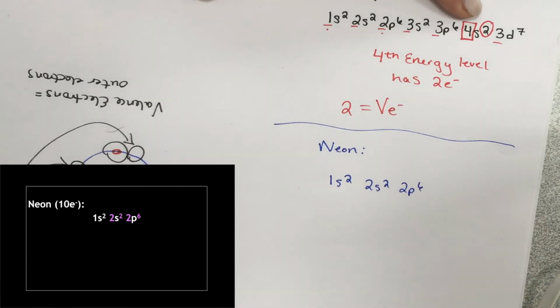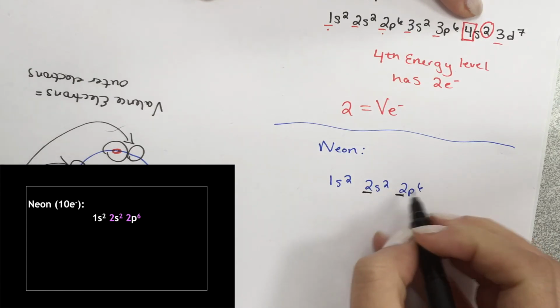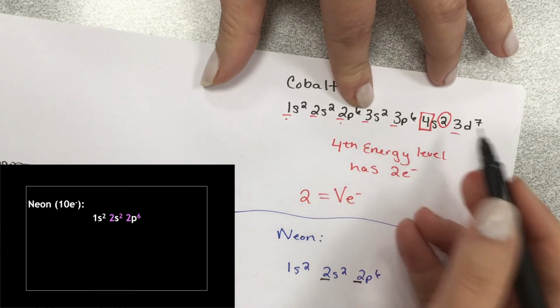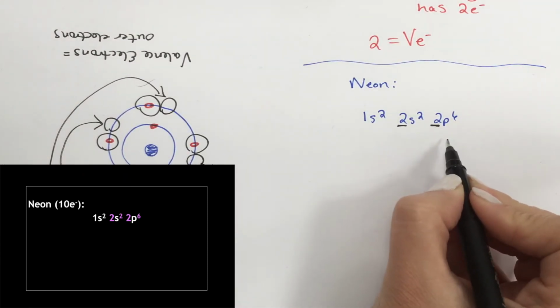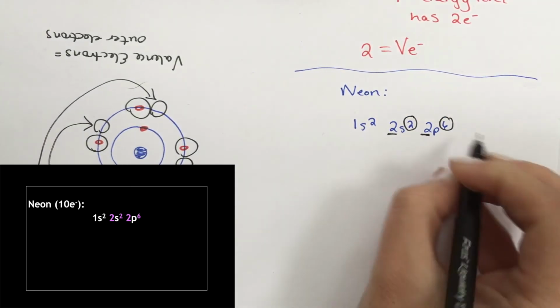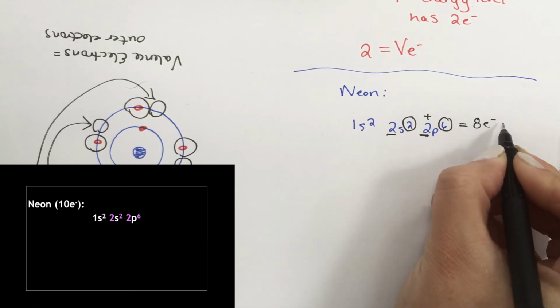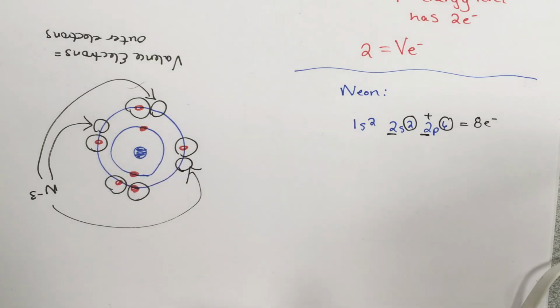So neon, the highest energy level is 2. If there's more than one of the highest energy level, you add all of its electrons up. So that's 2 plus 6. So the valence electrons are 8. Sorry, they're not really involved in bonding though.